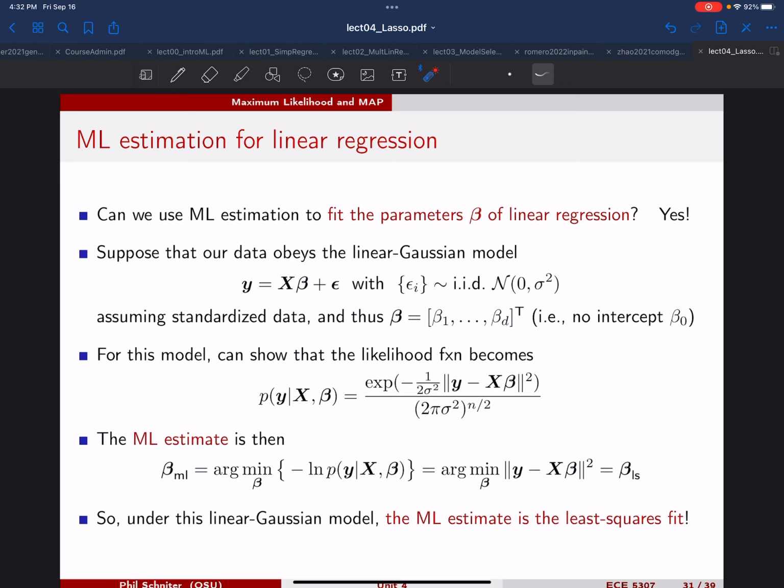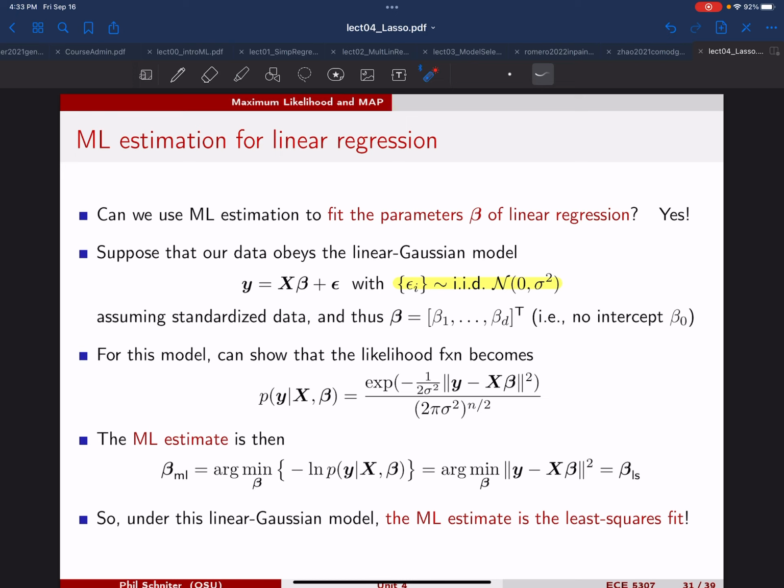We're going to say y is exactly equal to this plus some noise. Furthermore, we are going to assume that these noise terms, epsilon i, are independent of each other and identically distributed. They're all going to be Gaussian with zero mean and sigma squared variance. Let's just assume that and see where that goes.